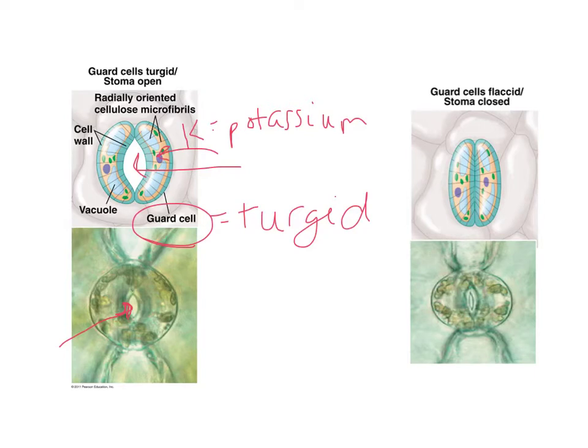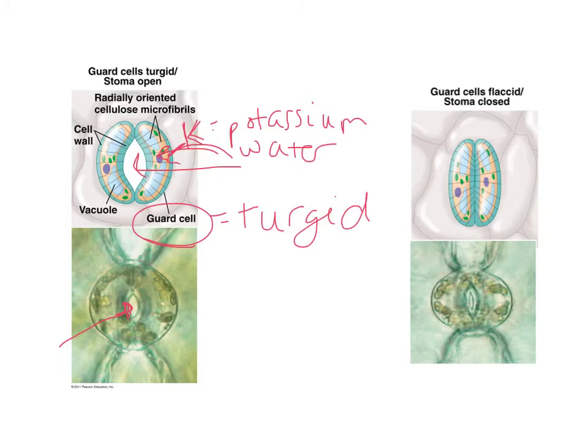And if y'all remember from when we talked about water movement and hypertonic, hypotonic, isotonic, remember water flows from high to low. Well, if you have a solute, like potassium, going into the cell, then water is also going to go into the cell. It will follow that potassium into the cell.